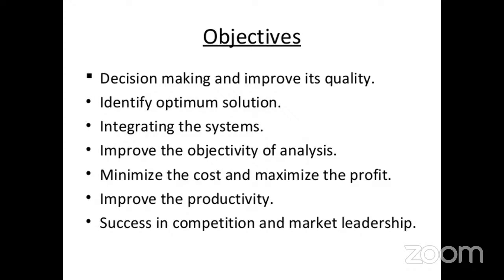Then improve the productivity. When we are producing, you can improve it because the cost has been reduced, so automatically you can increase your production also. And success in competition and market leadership. You can achieve your goal in the market where the competition is very high. Even in a competitive market you can get through easily with these objectives.